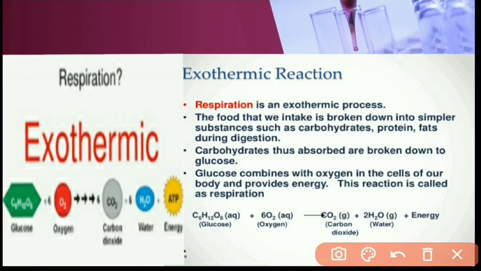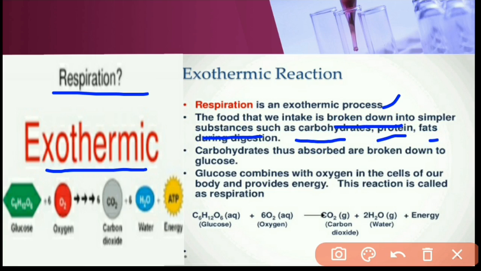Why is respiration considered an exothermic reaction? During respiration, in the inhalation process we take in oxygen, and this oxygen is used to break down simpler substances such as carbohydrate, protein and fat during digestion.